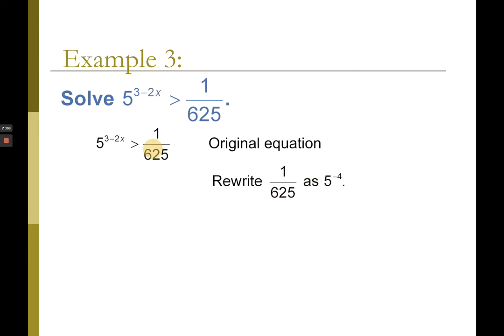And so we will replace the whole value here by 5 raised to -4. And now we have the same base. And now we can write your inequality. You have 3 minus 2x is less than -4 after canceling your like base, and then you just solve.